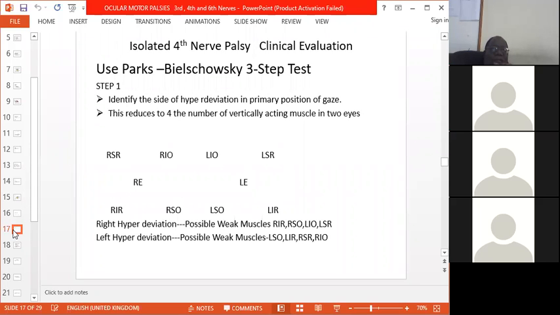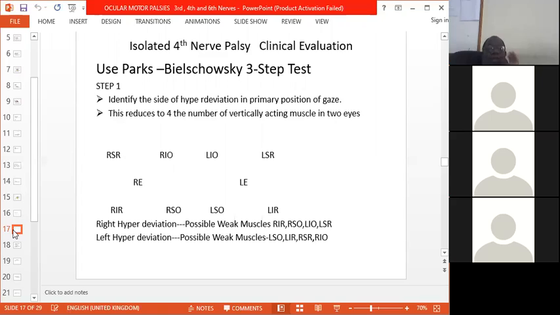Then the isolated fourth nerve palsy: clinical evaluation uses the Bielschowsky three-step test. Some say the Parks test, but it's two people who did it.